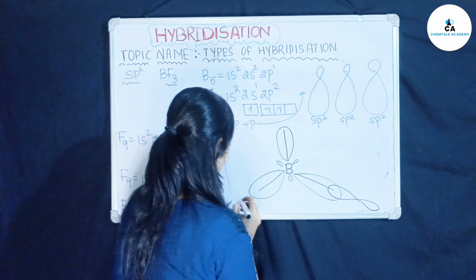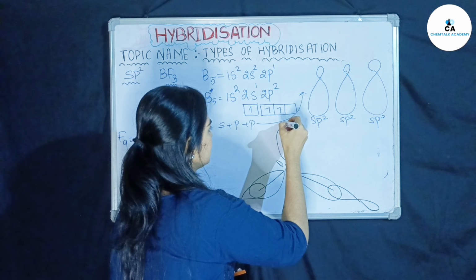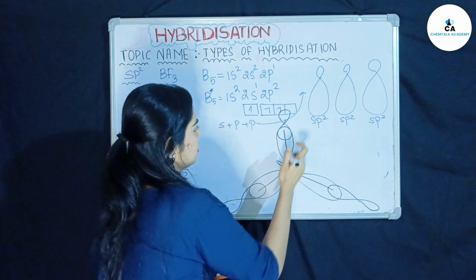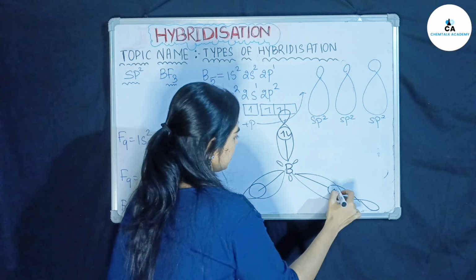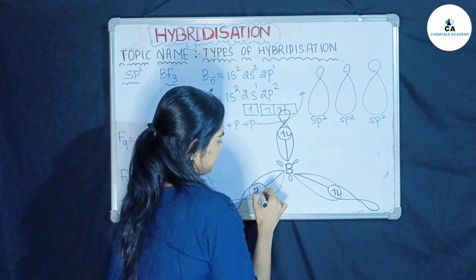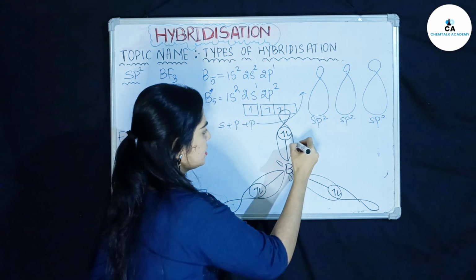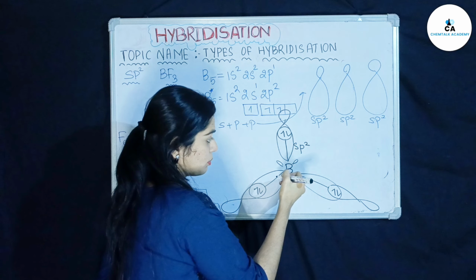So this will be our overlap. Here there is no space, so I am doing one smaller one. If we want to mention the electrons, we can do it like this. Clear? Now if I write which one is which orbital, this is the sp2 orbital of boron.